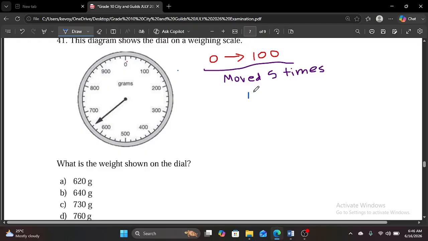So that's 100 divided by 5, and that should be equal to 20. That means each line represents 20.